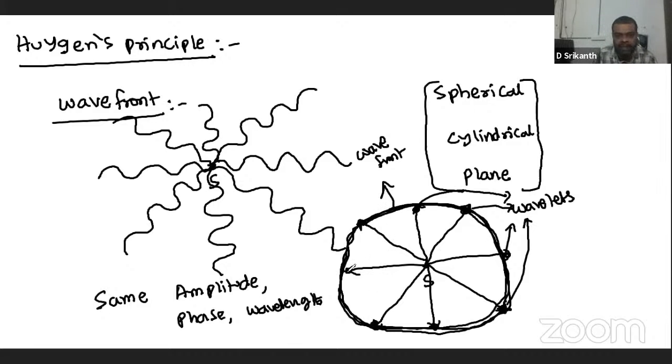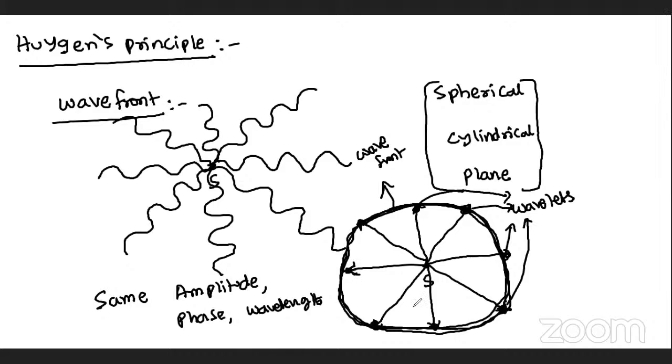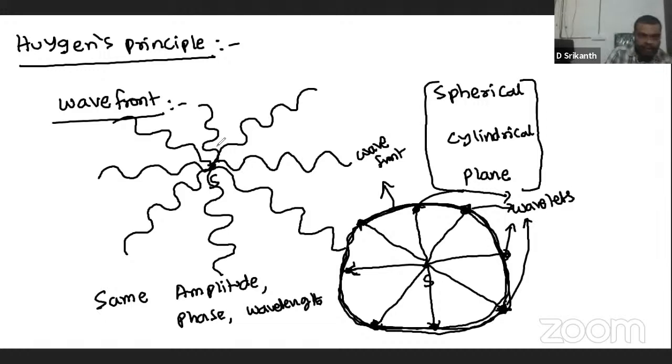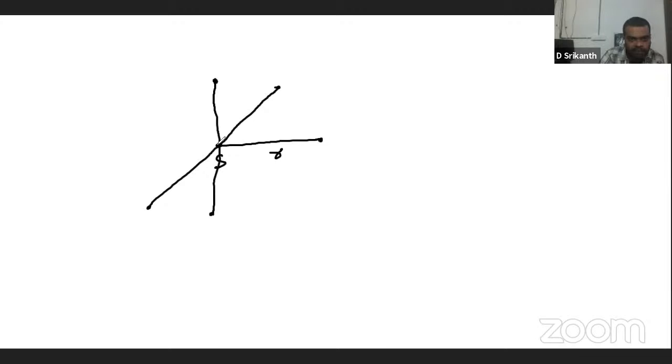Or shall I explain once more? Once more, the definition. Suppose I am having the source. From this source, light waves will emit in all the directions, up to a particular distance r. All the light waves in all the directions have the same amplitude.